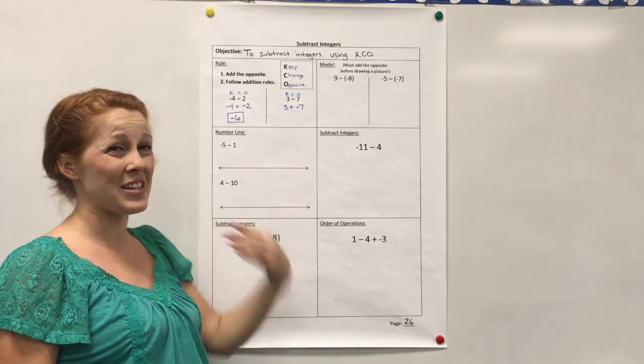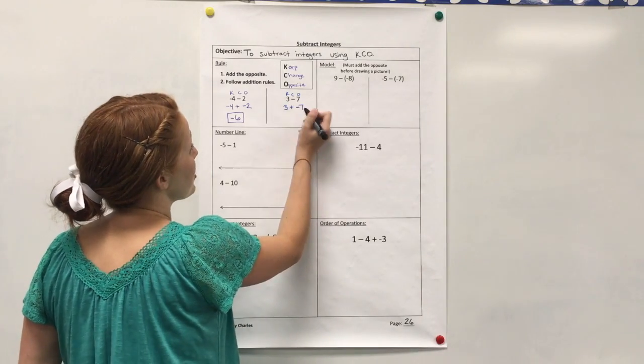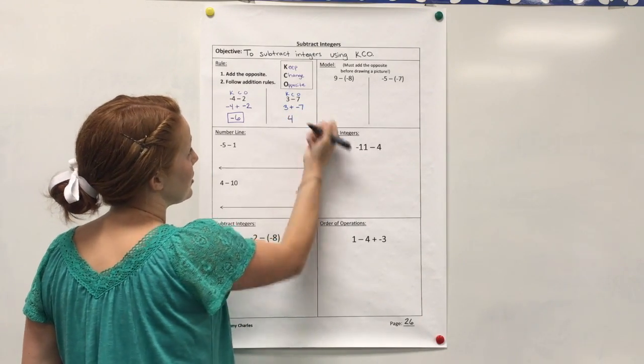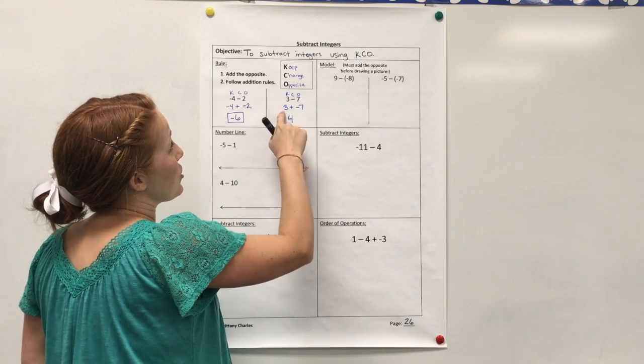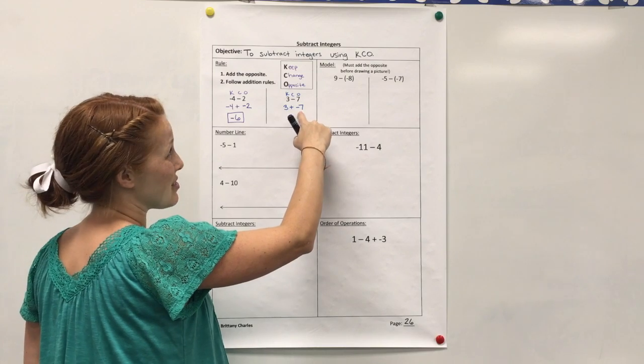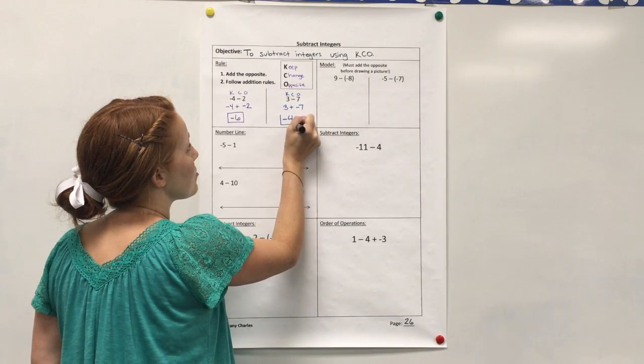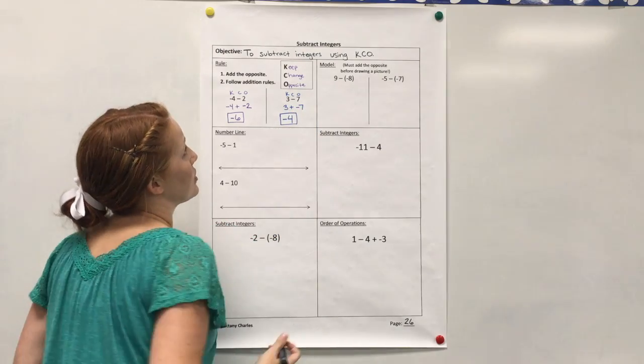So now I see different signs. Different signs subtract. So 7 minus 3 is 4. And when I look at this, which one has a larger absolute value? Well, this one does, because that would be 7. So I'm going to keep the negative sign, so the answer would be -4.